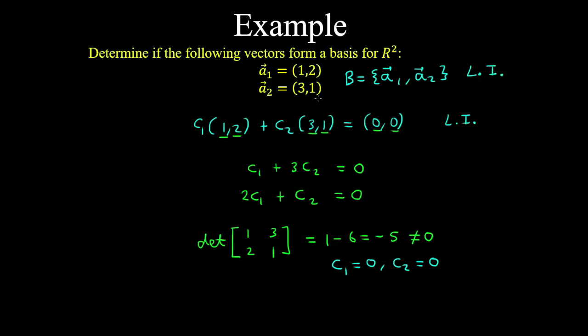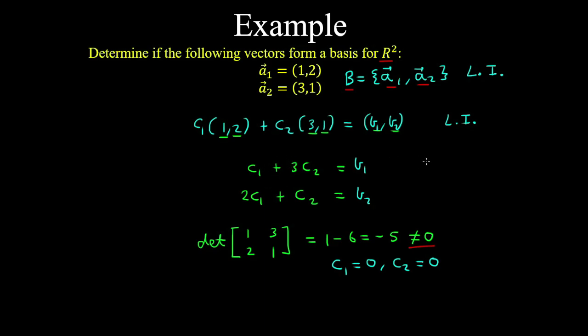And now we must test if this finite set of vectors spans this vector space. So to do that, we set the right hand side of this equation to some arbitrary vector. So we have b1, b2 being the components of that vector. So again, given the determinant is not 0, then the inverse exists.